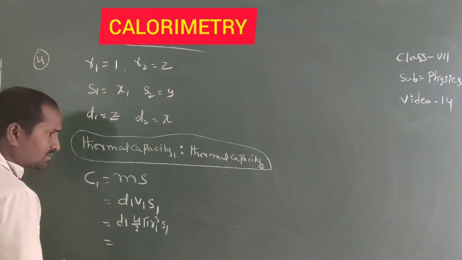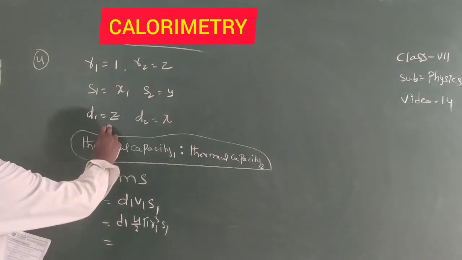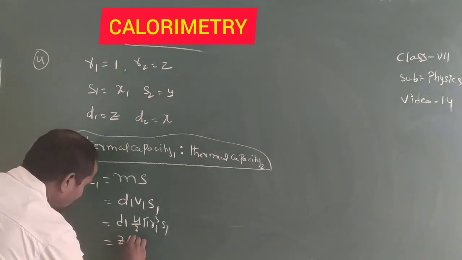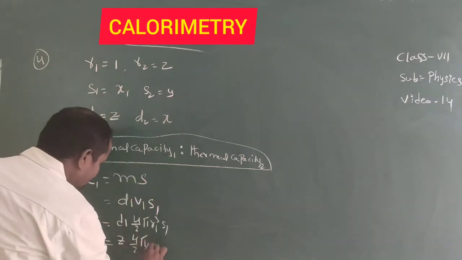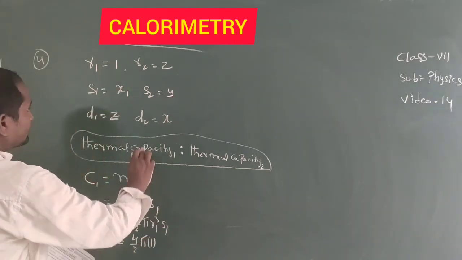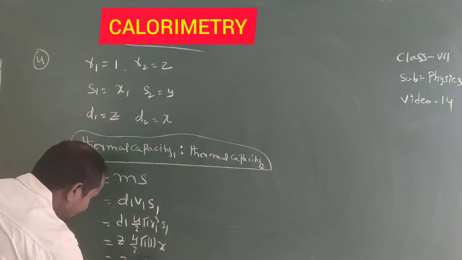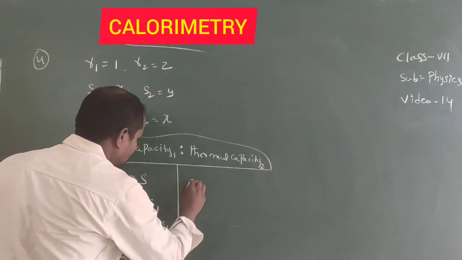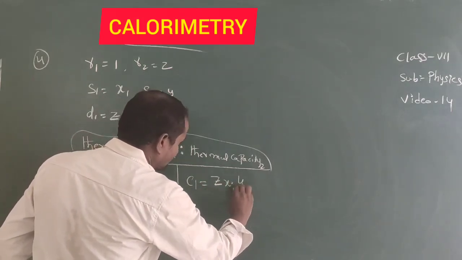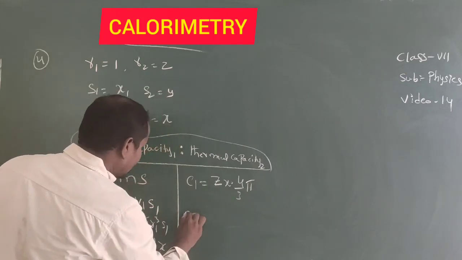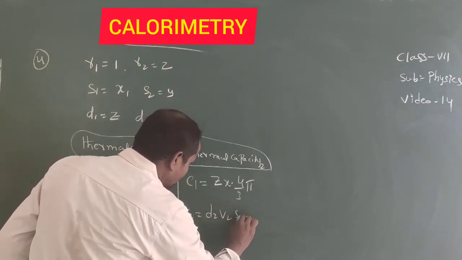So here, what is the D1 here? D1 equal to Z, so Zx into 4 by 3 pi. Next C2 equal to, we can write here D2 into V2 into S2.